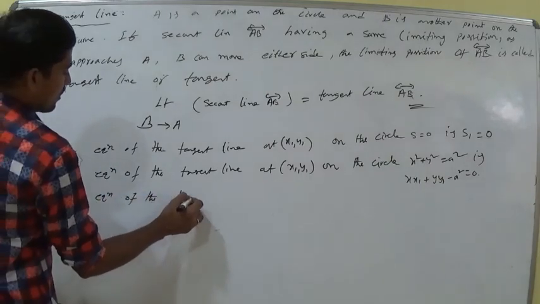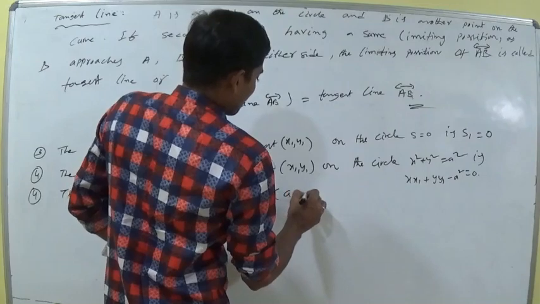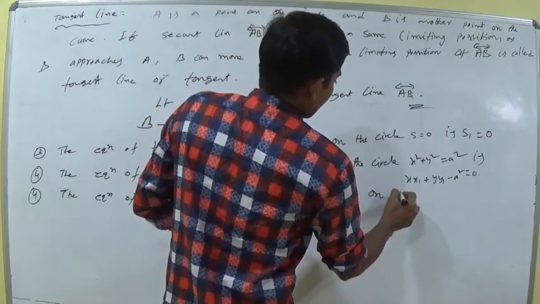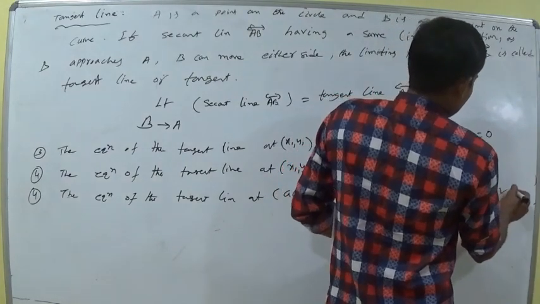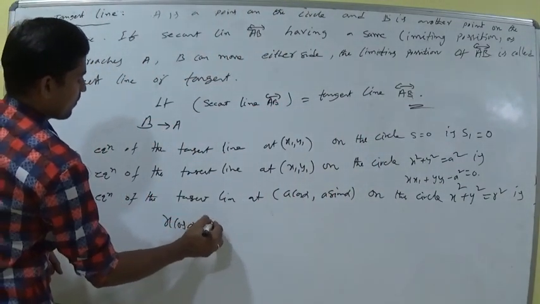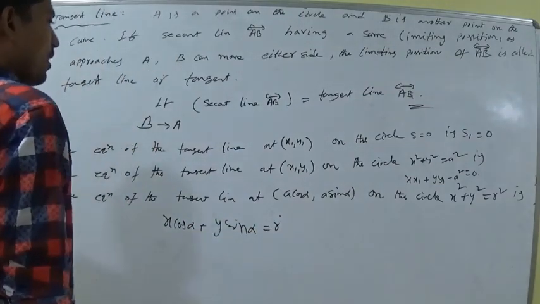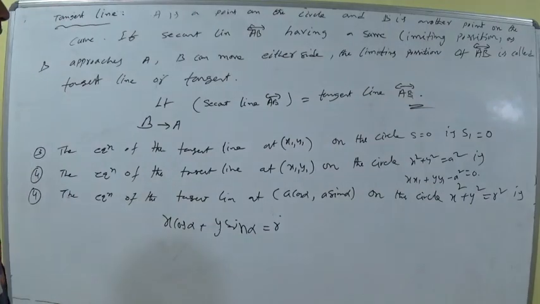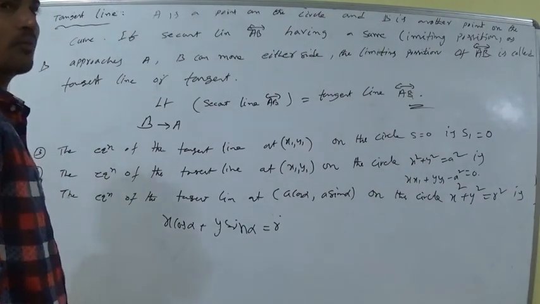The equation of the tangent line at (a cos α, a sin α) on the circle x² + y² = r² is x cos α + y sin α = r, that is, x cos α + y sin α equal to r.